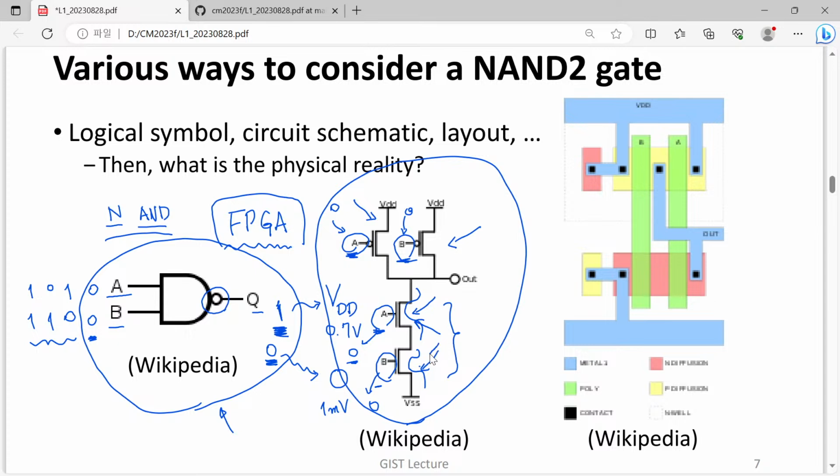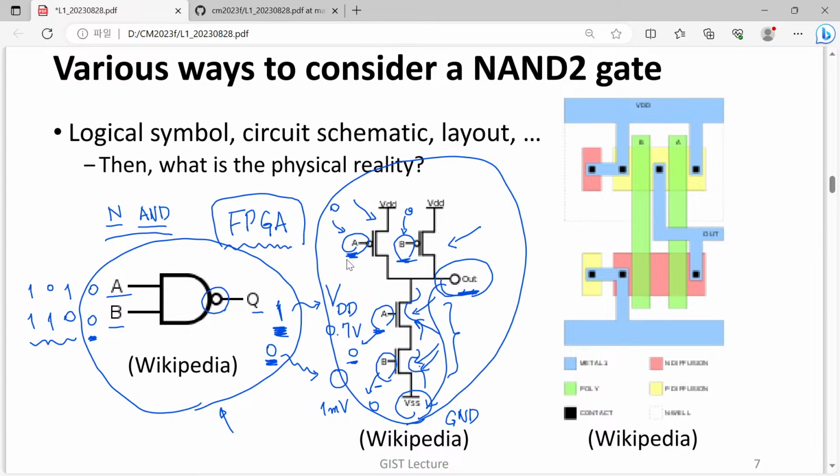Also, at the same time, this lower semiconductor device also becomes highly resistive. So now, when you consider the path from the output to ground, it becomes highly resistive. It means that this output is isolated from our ground, which has a value close to 0.